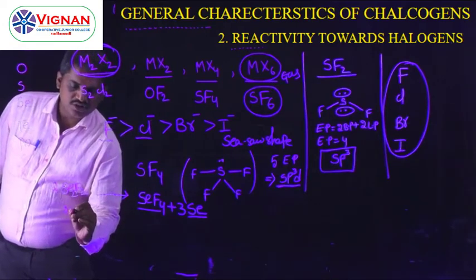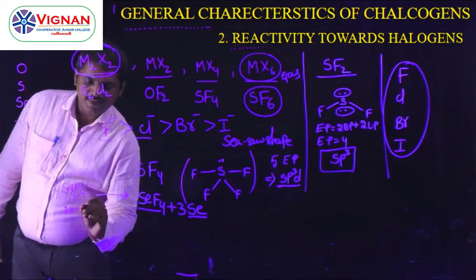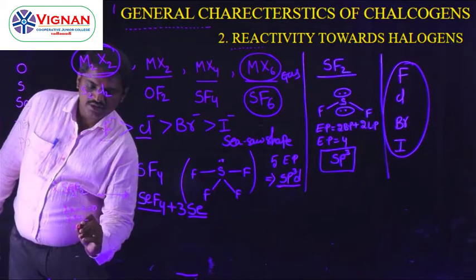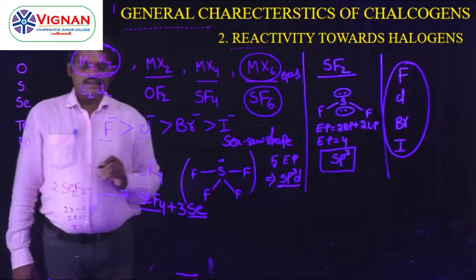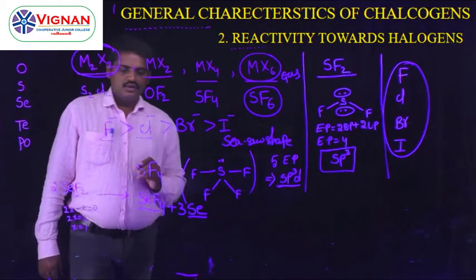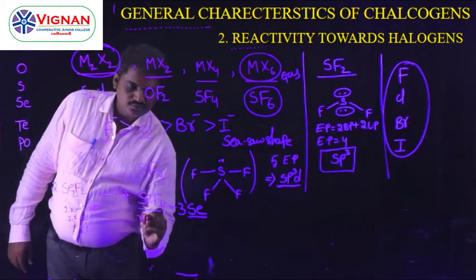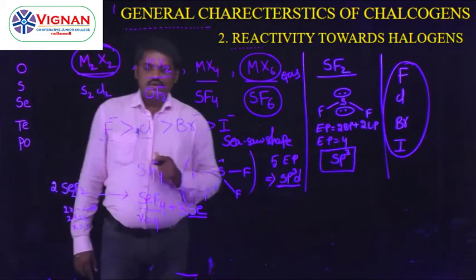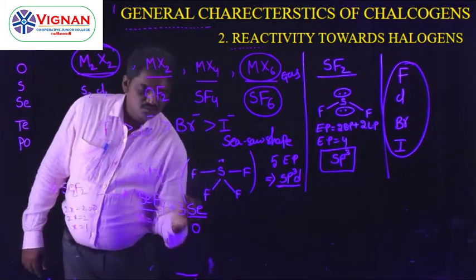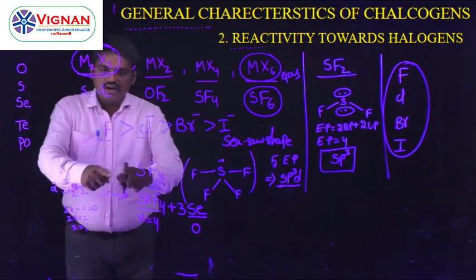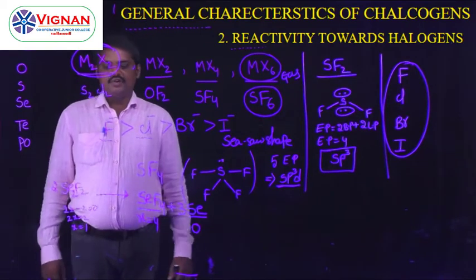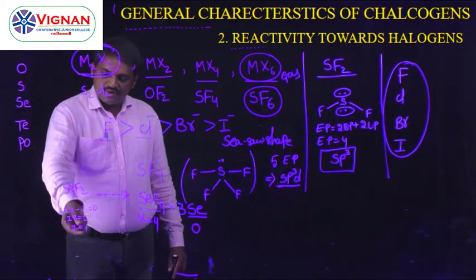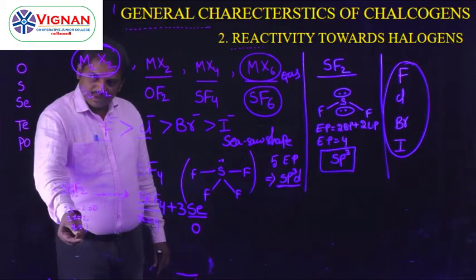2x minus 2 is equal to 0, so x is equal to 1. For the product it is x equal to 4, and for pure selenium it is 0. These are the oxidation states of the different molecules. The reactant selenium oxidation state is +1.